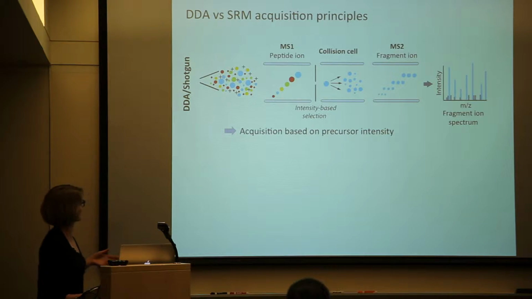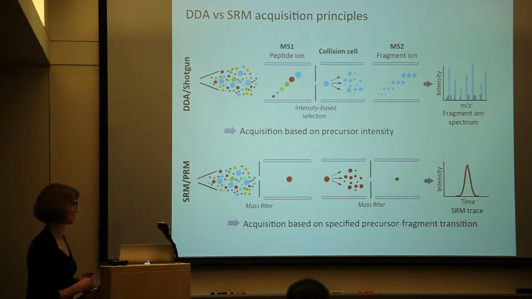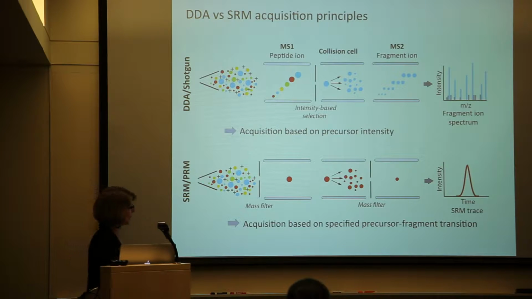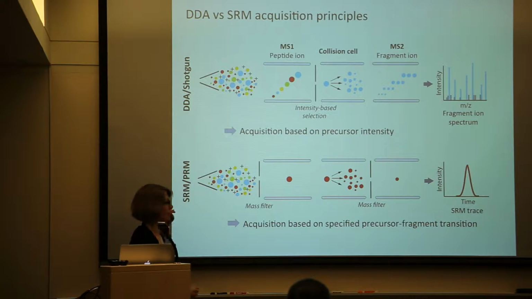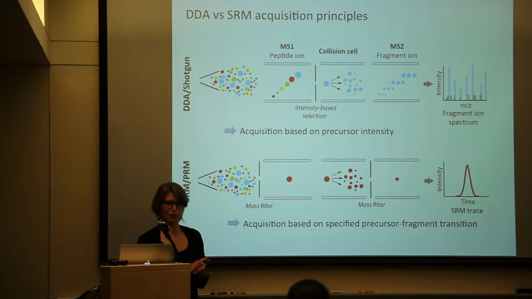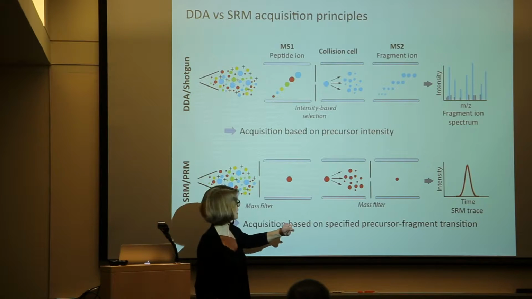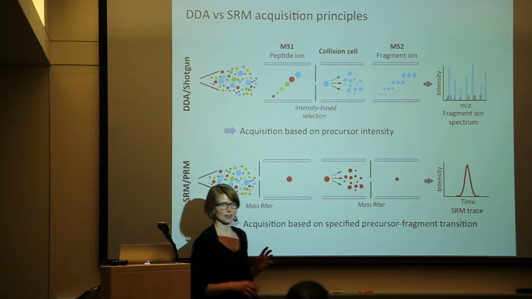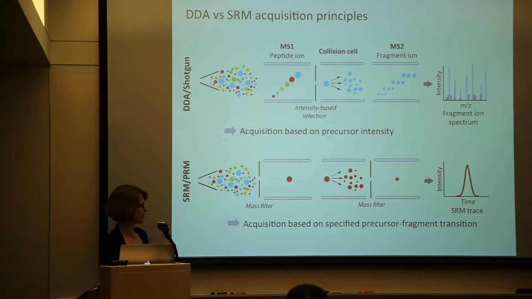In contrast, the targeted proteomics approach works a little bit differently. Here you use the same sample, but you set a mass filter for the first MS scan. So you select the specific peptide ion that you want to monitor. Then you fragment this peptide ion, apply another mass filter in the second mass spectrometer, and select a specific fragment of this peptide.